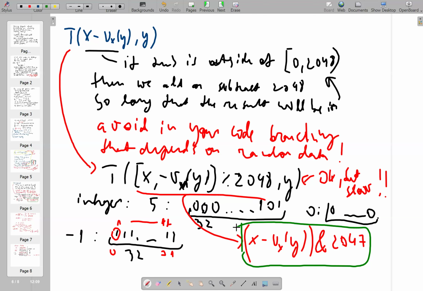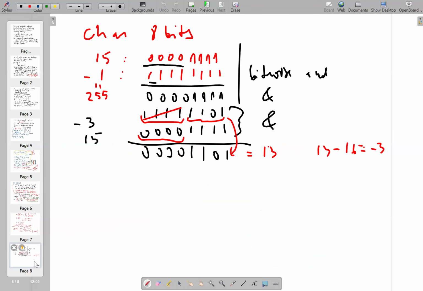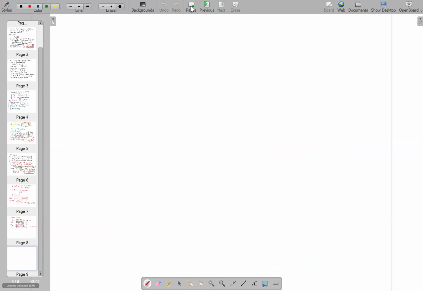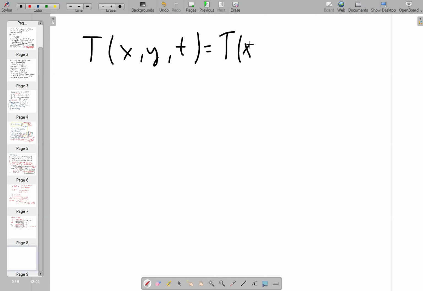With that code line, just to make sure, let me write once again here, on the next slide. What we have is: T at x, y at a certain moment t equals T at x minus p_x as a function of y, and T at the previous moment of time.